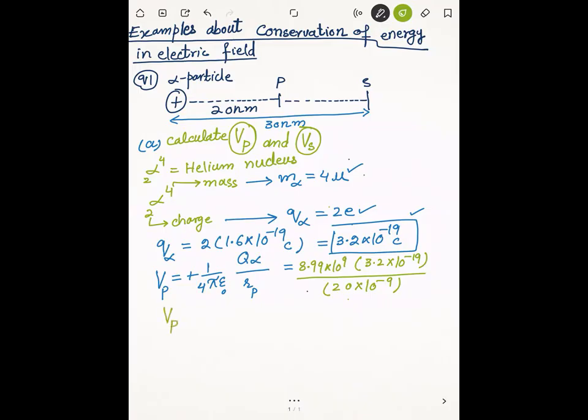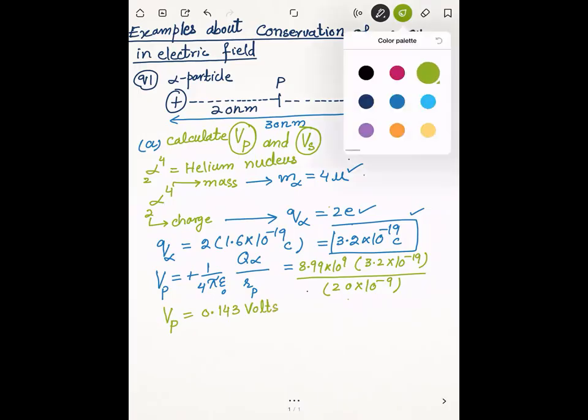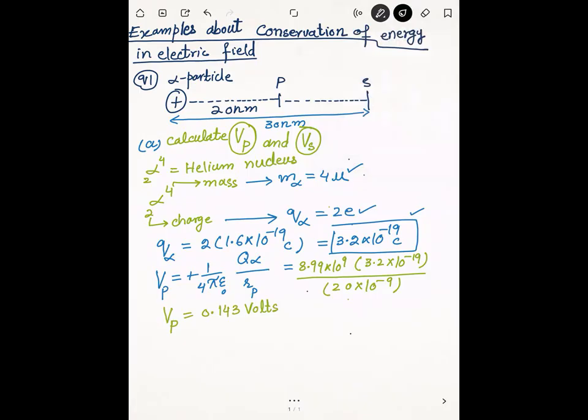So the potential at point P is 0.143 volts.